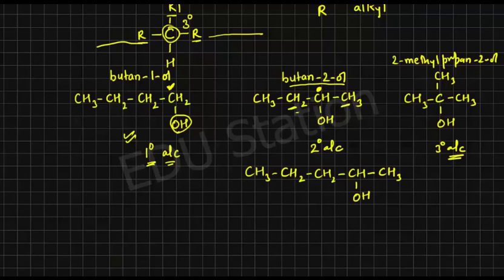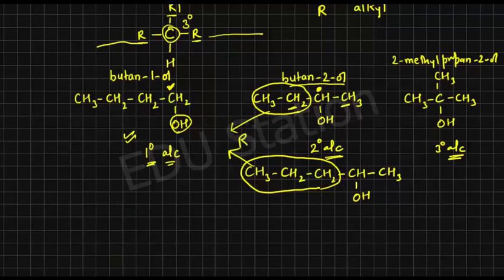Now, this is ethyl, this is attached to a propyl 3 carbons. So, both are secondary because the nature primary, secondary, tertiary does not depend on the length of the carbon chain, and all these in general in chemistry are written as R groups. R stands for an alkyl group. I hope this is clear.